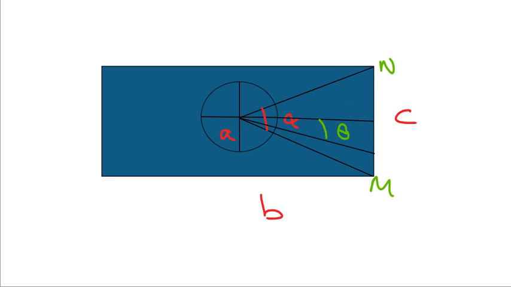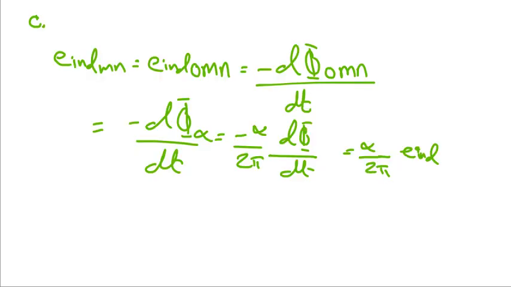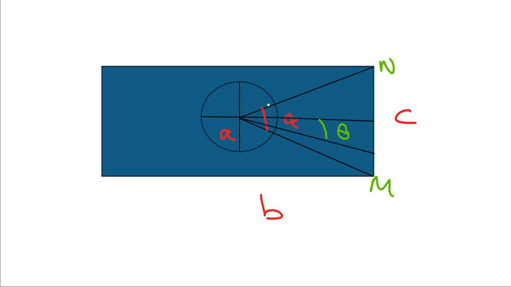So E induced of triangle OMN equals minus the magnetic flux through OMN divided by dt. Now instead of writing OMN, we use the angle alpha, and we know that the arc length, this arc right here, is going to be alpha, in radians, divided by 2 pi.